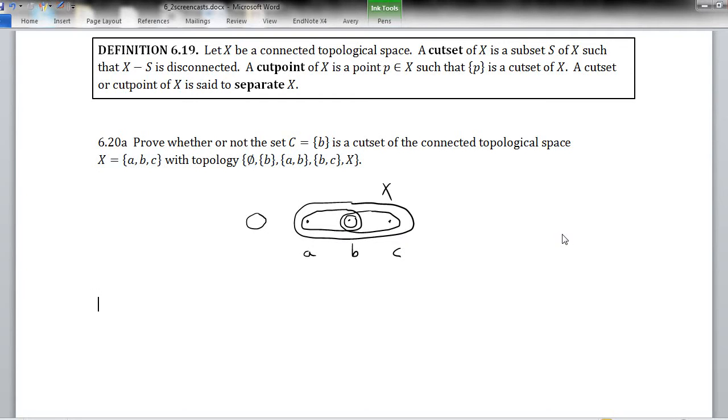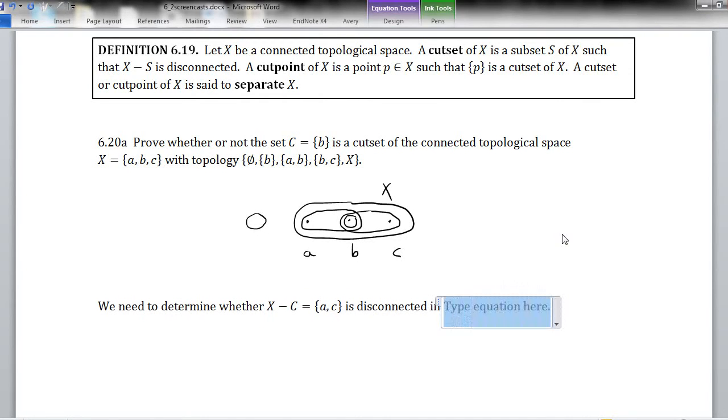All right, well, to figure out if C is a cut set, we have to figure out whether or not its complement is disconnected. We need to determine whether X minus C, which contains just A and C, is disconnected in X. Right?